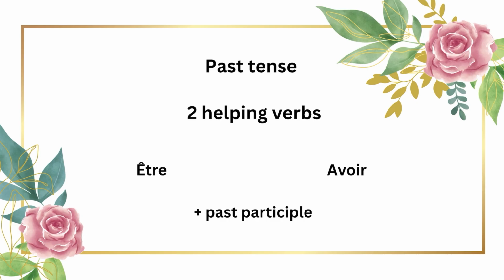For example, to talk about something that happened at a particular time in the past, or to talk about an action that started and finished in the past, or to simply narrate a sequence of events. For example, she arrived, she saw, and she left.